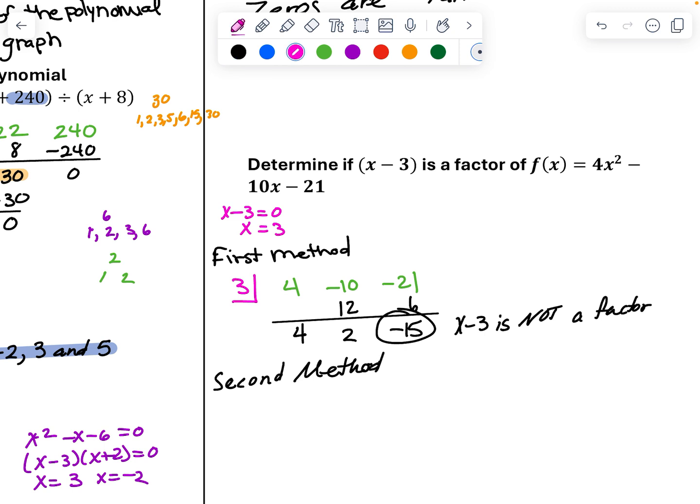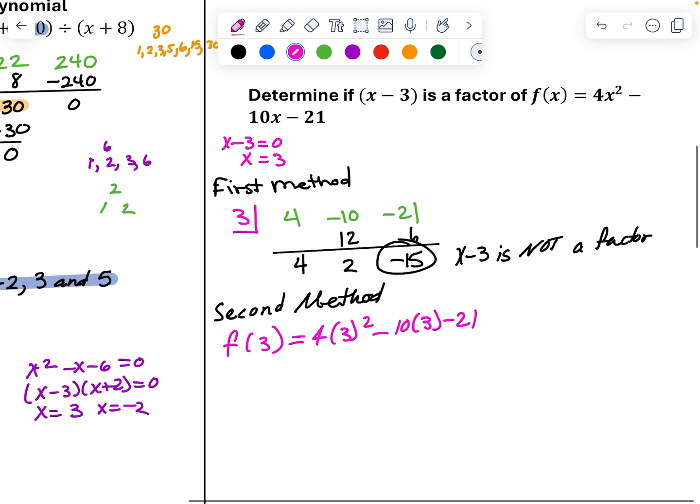We could take f of 3 and we could put f of 3 in 4, 3 squared minus 10 times 3 minus 21. We could type that in our calculator or do it by hand.